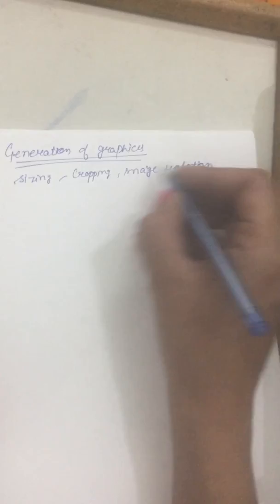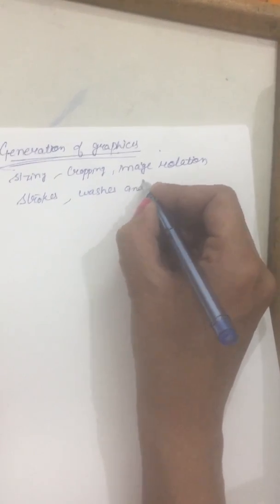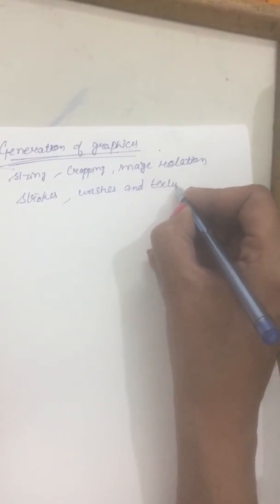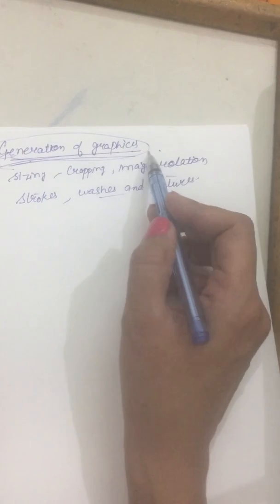All this is done in the generation of graphics. Images can also be enhanced using visual effects like strokes, washes, and texture that simulate conventional art techniques. This is all in generation of graphics.